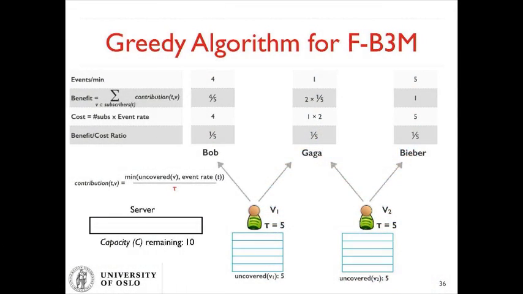But it turns out such a small modification to the problem also changes the hardness of the problem, and it's very similar to the budgeted max cover problem. And inspired by the solution for the budgeted max cover problem, we also propose a greedy algorithm which gives a constant approximation ratio.